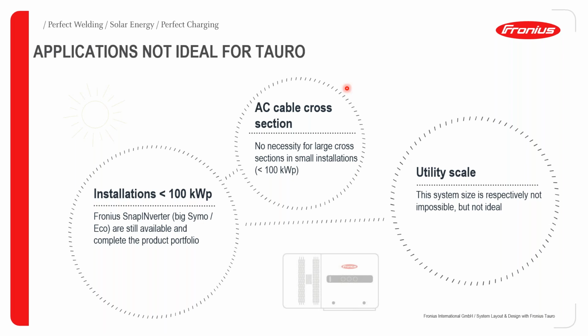In terms of the AC cable cross sections, if you're going to be working with smaller installations, less than 100 kilowatts, then the necessity for using large cross section cables is not there. And therefore, the Tauro inverter is ideal for installations whereby you're going to have large cable cross sections. So the Tauro inverter can take a maximum of 240 millimeters square as far as cable connection is concerned.